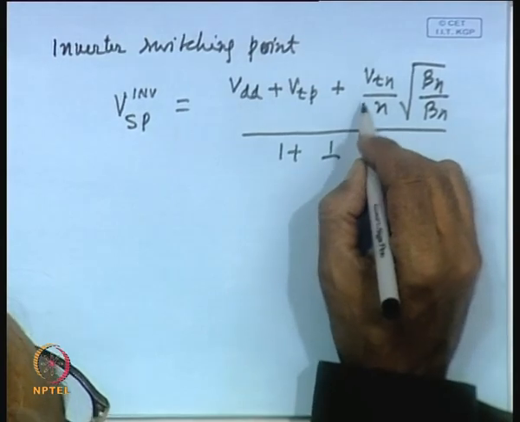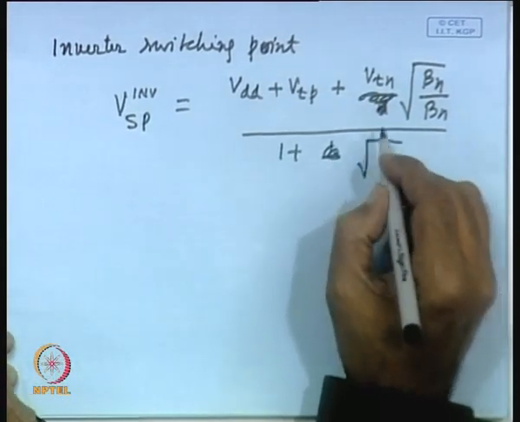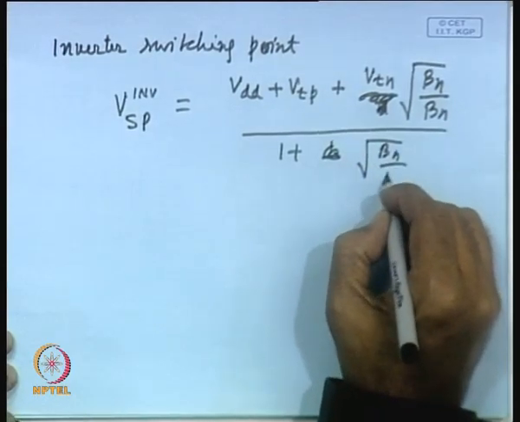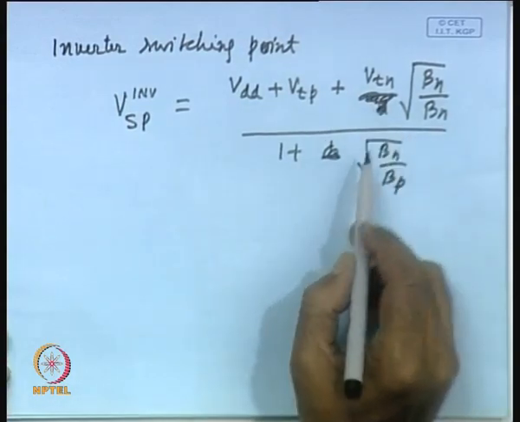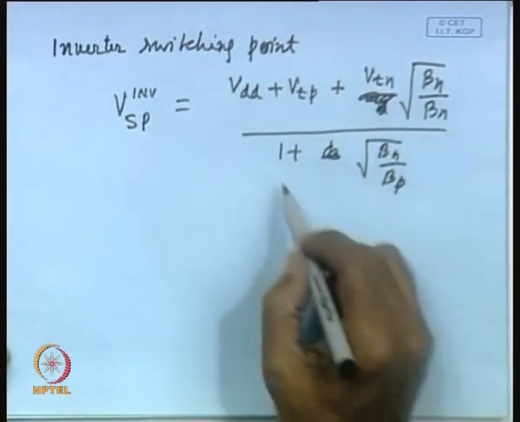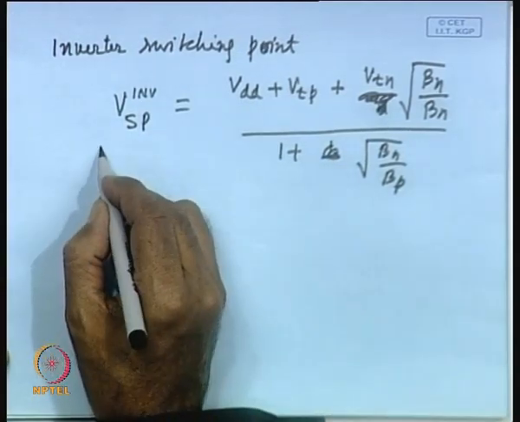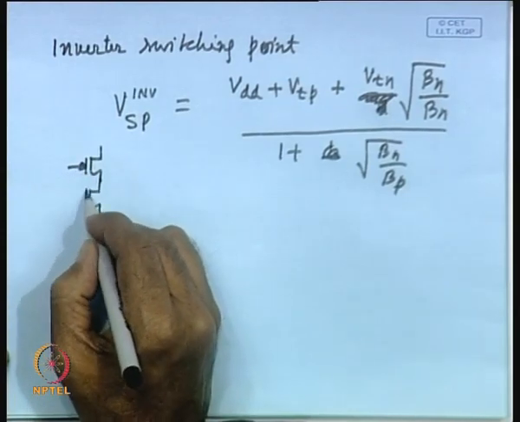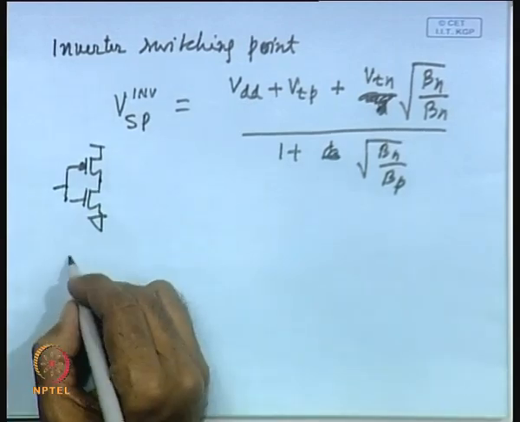In particular for an inverter, this n will not be there. So, we find this is the case for a simple inverter, where you have only one PMOS transistor and one NMOS transistor.